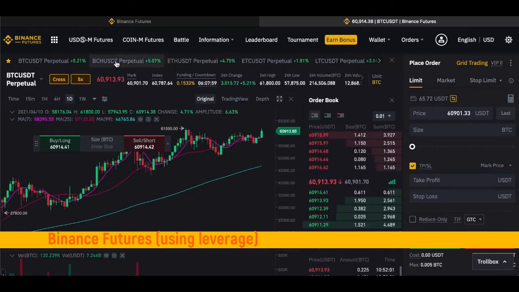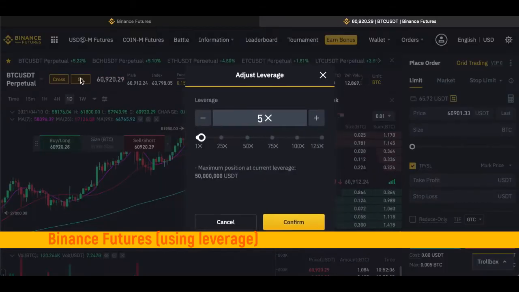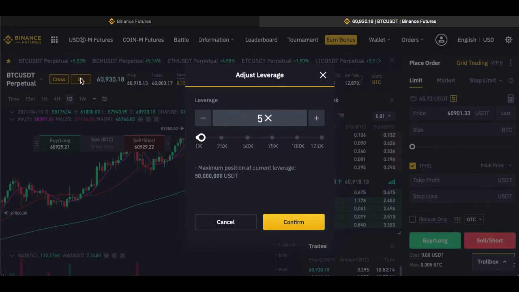So right now in the US dollar stablecoin futures, you can see this cross and 5x. We can click on 5x first. This is the amount of leverage that you want to trade with. Because we're not trading the underlying asset here, the broker will give us leverage and we can maybe choose up to 125 times. Now, this is absolutely insane.